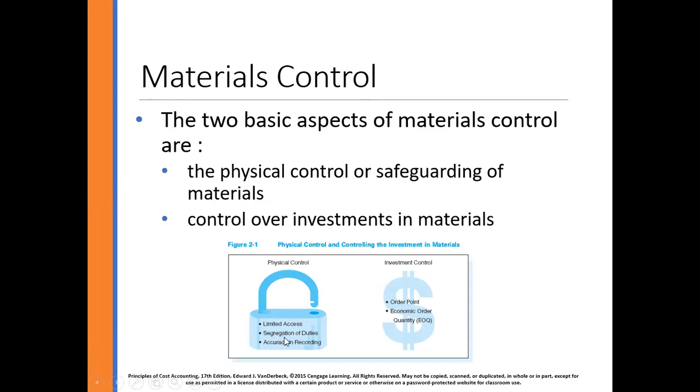So maybe the person that is authorized to purchase the material is not the same person that is receiving and counting the materials, for example. And then accuracy in recording. And then on the investment side, we look at order point and economic order quantity, which we are going to talk about further and get practice with together.